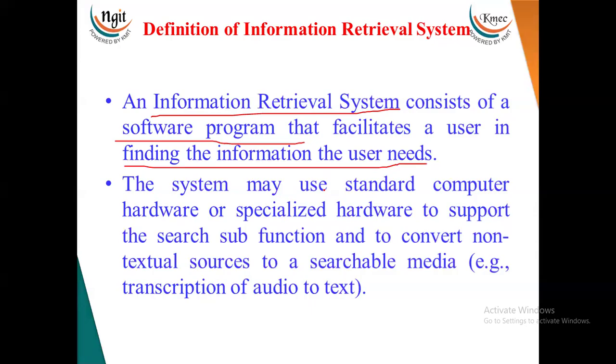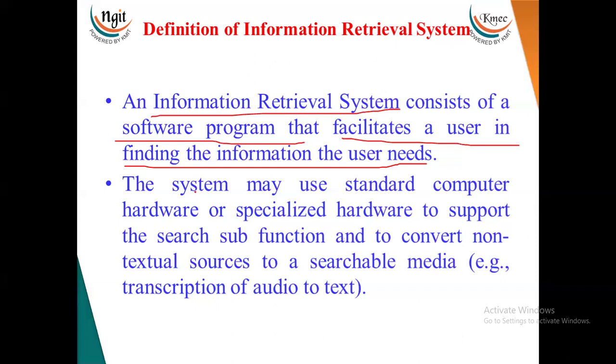I hope it is clear. So it is a software program which will facilitate a user to find information according to his requirements. Exactly. If you can say that it is an interface which is used to retrieve some data required by the user, I think it is the best definition for you.